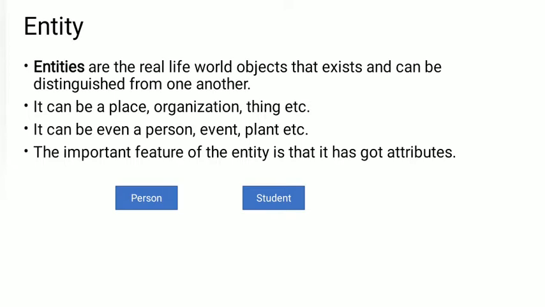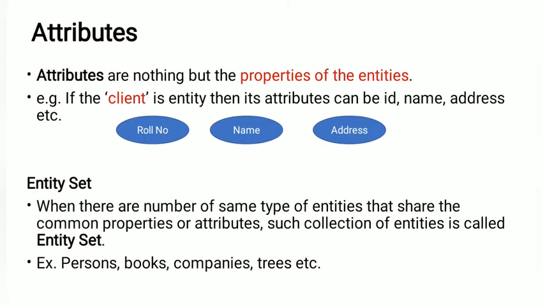It has attributes like person name, address, contact number, date of birth. Next example here is student. Students have a number of attributes like roll number, name of student, address, gender, contact number, etc.